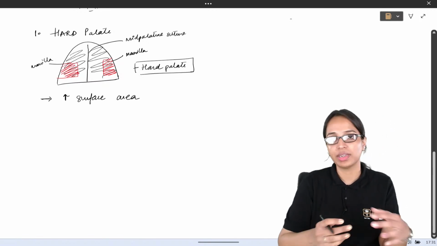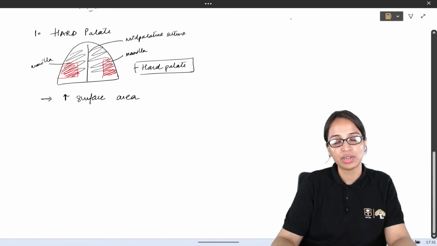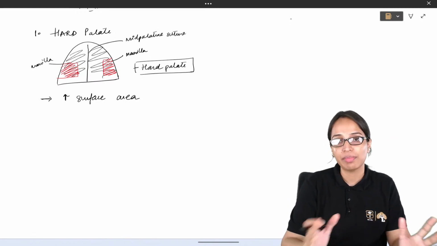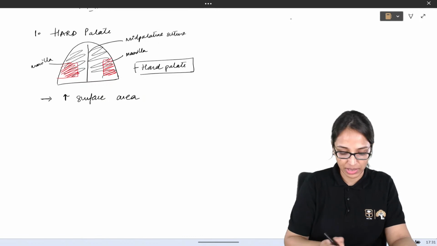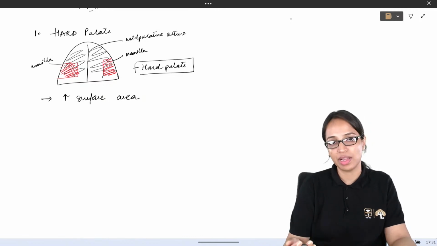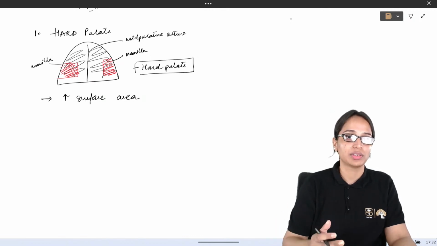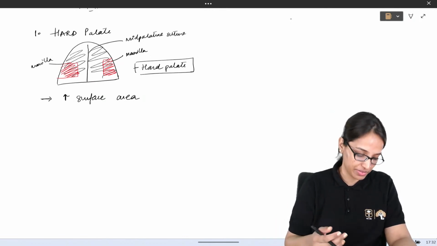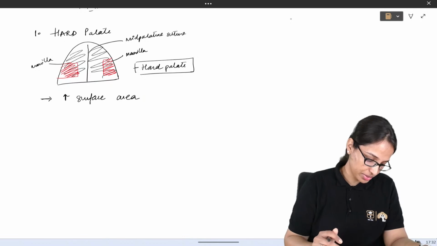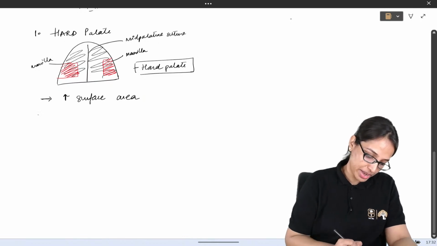As you are all aware, if you look at the intraoral structures of the maxilla, the largest surface area is present with the hard palate. So that definitely gives it an advantage over other structures in the property of giving support. So the ultimate support is derived from the hard palate.